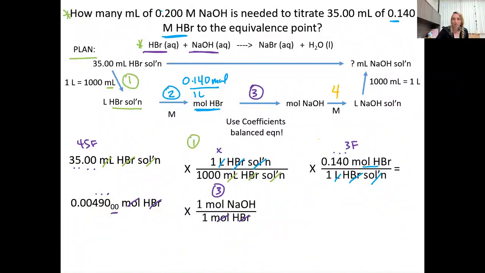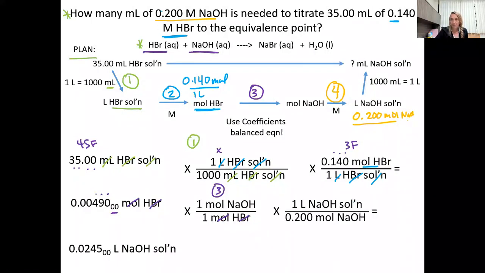Next, step number 4. With step number 4, I'm going from moles of sodium hydroxide to liters of sodium hydroxide solution. The molarity I have up here is 0.200 molar sodium hydroxide. So that means for every 1 liter of sodium hydroxide solution, whoops, that says NaOH, I have 1 liter of sodium hydroxide solution.